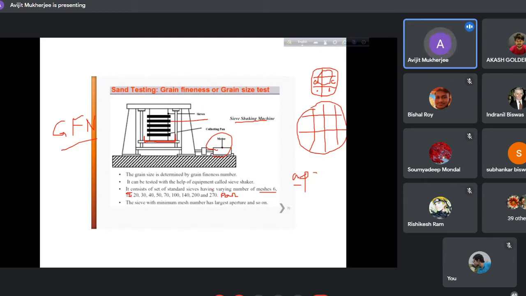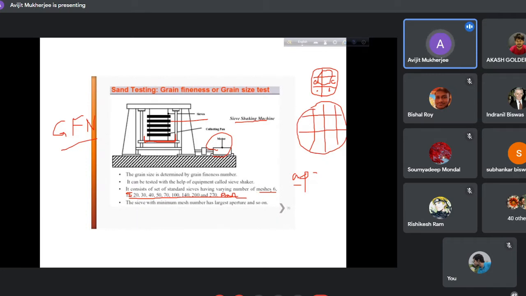So this stand now, these meshes, there are some 11 racks, all these are standard: 6, 12, 20, 30, 40, 50. So this is given by some standard institutes. Now insofar as American Society of Testing Material is concerned, ASTM, they introduced this standard of mesh sizes.